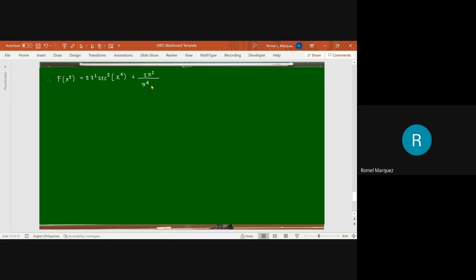Let's have number 3. If the integral of f of x dx is equal to 1/4 x to the fourth minus x cubed plus c, find the relative or local extreme points of f.